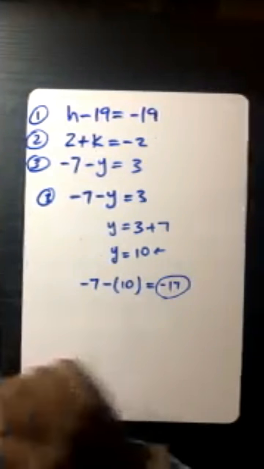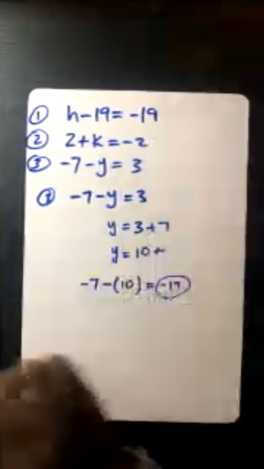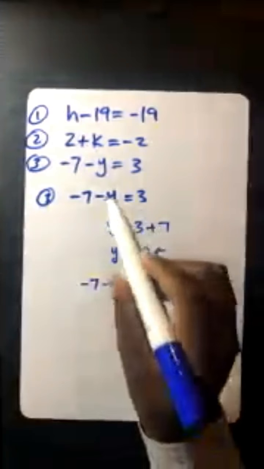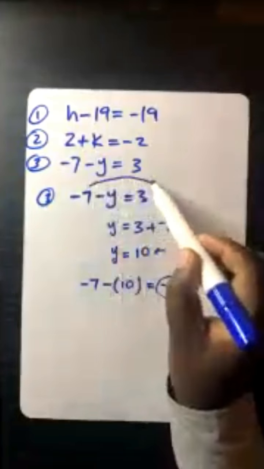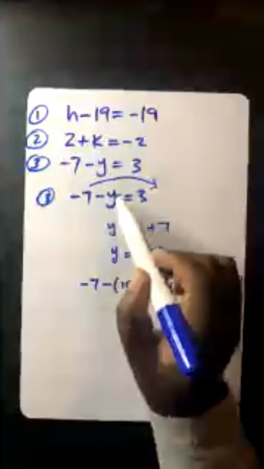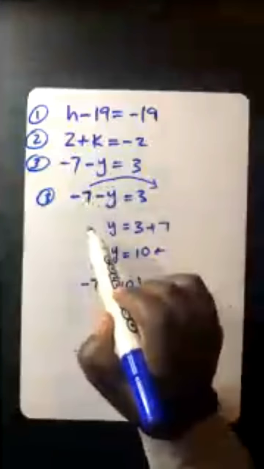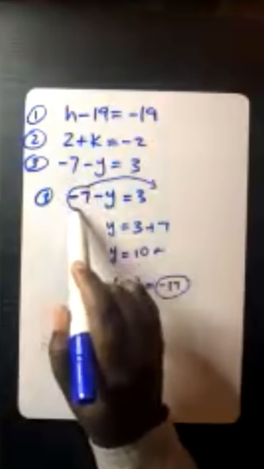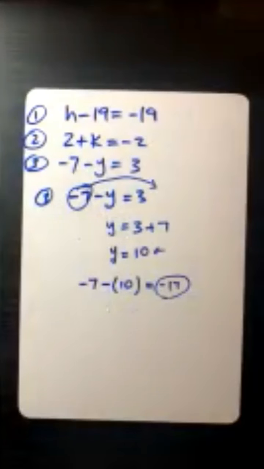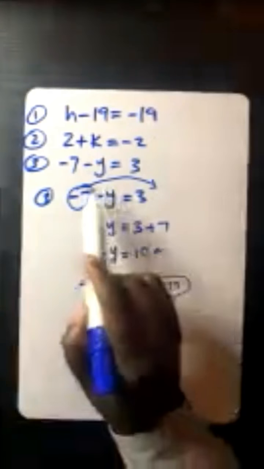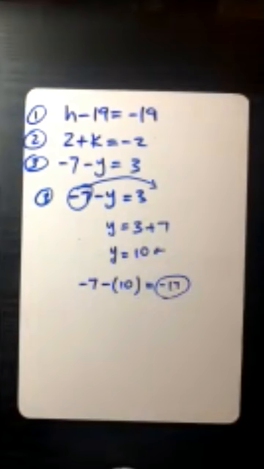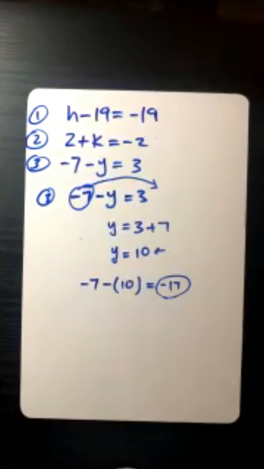Yes, sir. So this is where you made a mistake, Shreyas. When you transpose negative 7, what is it that's remaining? It's more like you only remove that term. When you remove it, what are you remaining with on the left side of the equal sign? Negative y.